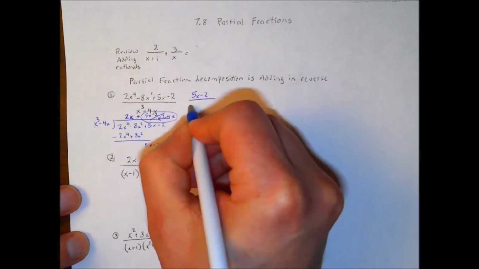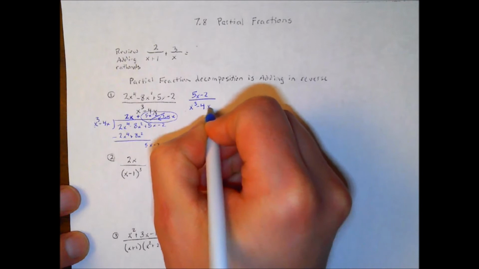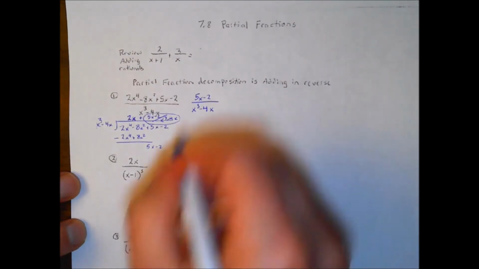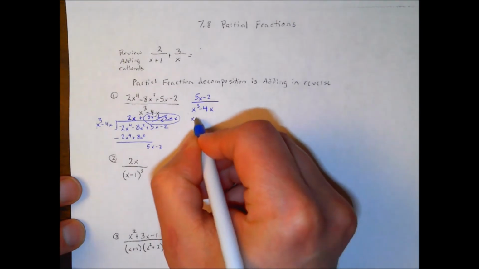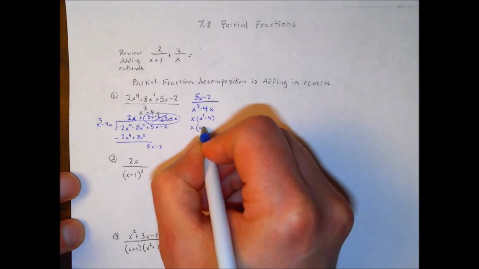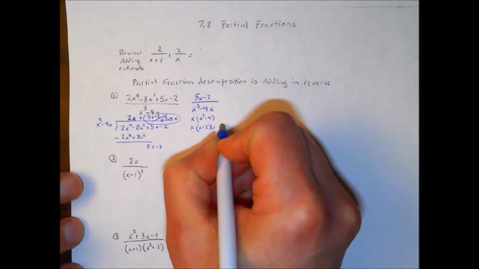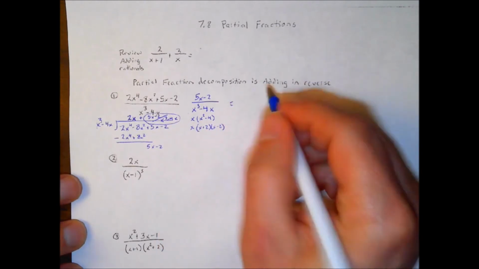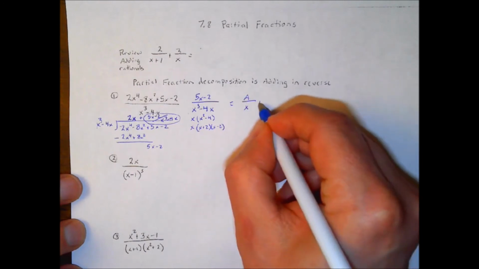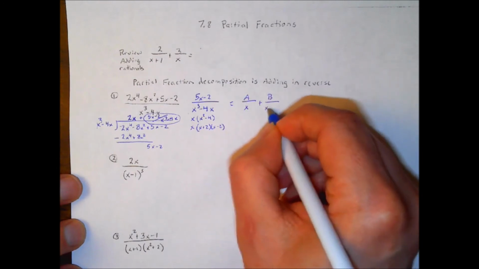So what we want to do is break this down into linear terms. So this is x times (x squared minus 4), which is x times (x plus 2) and (x minus 2). I know that this is going to break down into some number over x, plus some number over x plus 2, plus some number over x minus 2.